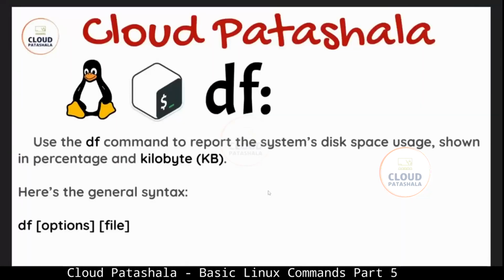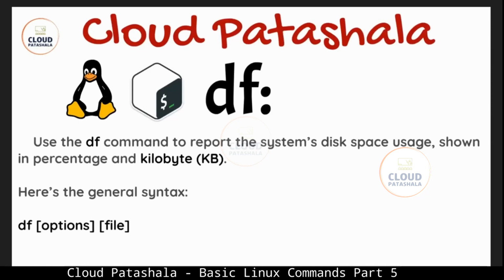The next command that we have is df. We use the df command to report the system's disk space utilization. This is shown in percentage and kilobytes. The general syntax is df.